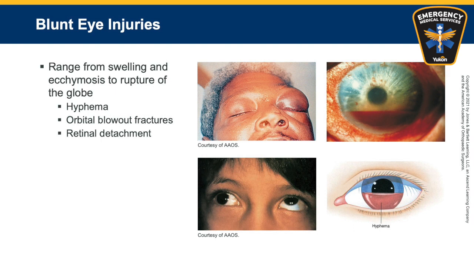Have you ever seen a hyphema? I never have. It looks cool. From a medical standpoint, yes, I could see how that looks. From a patient standpoint, probably not cool. Probably quite a terrifying thing. Still, it would be interesting to see one time in my career.